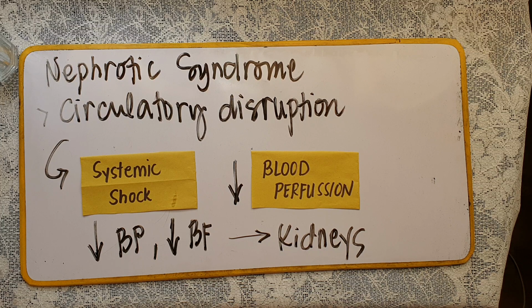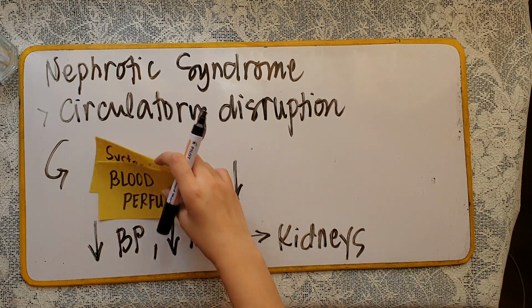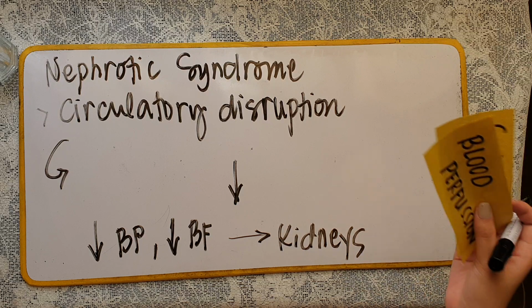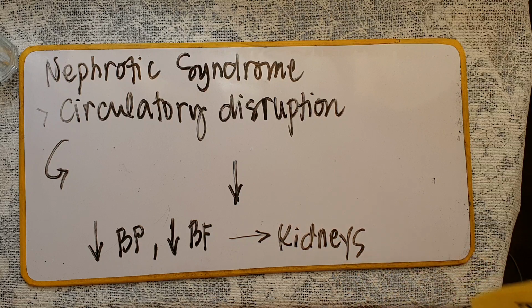Now, in some cases, progression to nephrotic syndrome may also occur as a complication of the previously discussed renal disorders. The renal disorders we mentioned earlier can progress into chronic glomerulonephritis, renal failure, or nephrotic syndrome. So, we can say that nephrotic syndrome is a complication of circulatory disruption, or it could be a complication of another type of renal disorder.